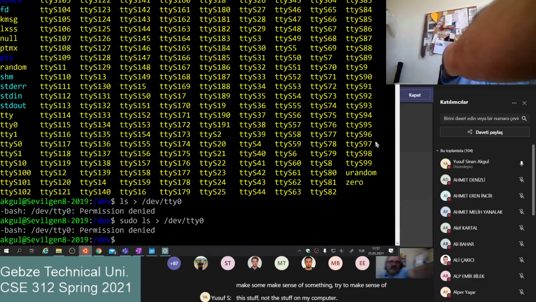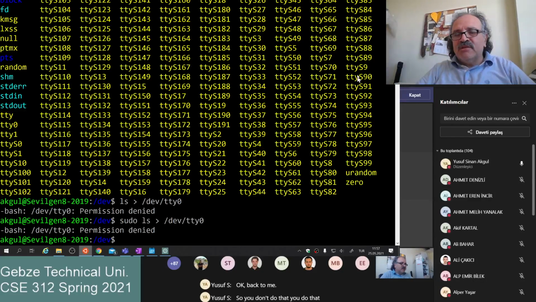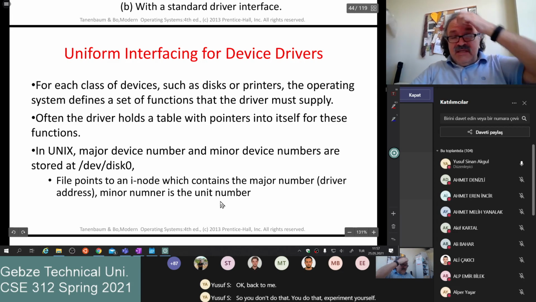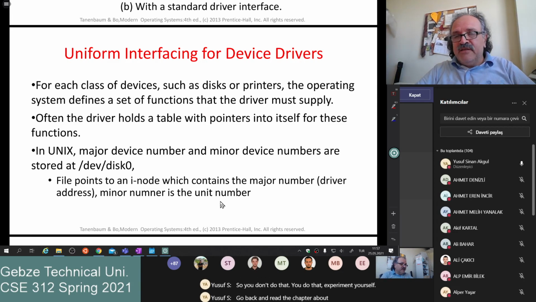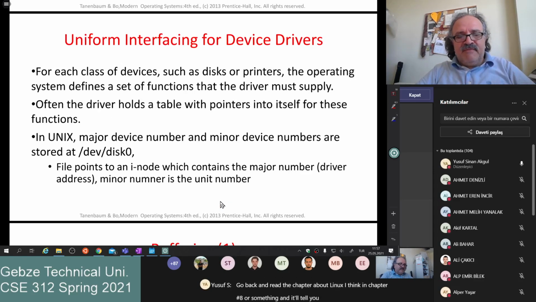Okay, back to me. So you do that experiment yourself. Go back and read the chapter about Linux. I think in chapter number 8 or something, and it will tell you about the details of Linux.